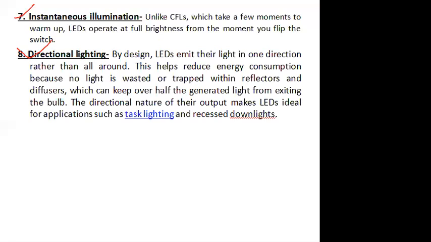Task lighting means the lighting which is required for your daily work, for example reading.